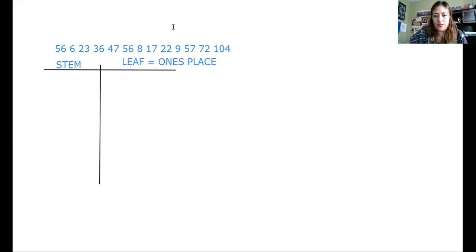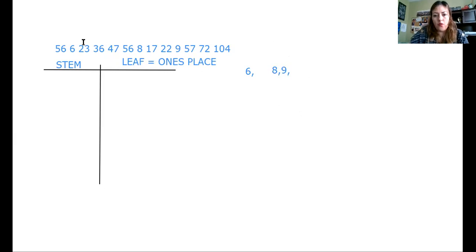So I'm going to write those down on the side just so that I remember that I have a 6, I have a 6, oh, I skipped an 8, so let me go back and put 8 and a 9. Okay, that's just for me to organize the numbers that I have. Okay, so those are my ones.